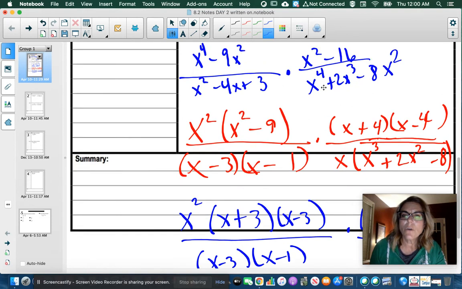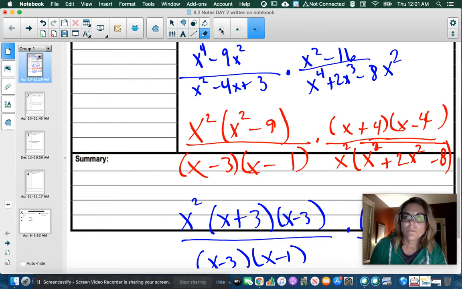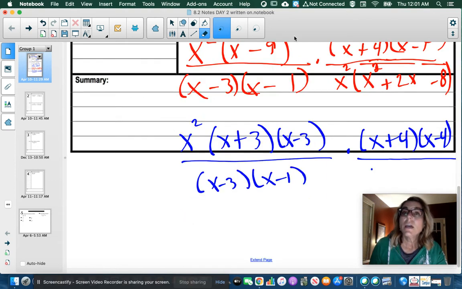Because if I take out a GCF out of here, it's an x squared. If I take out an x squared, then this is going to change to a 2. That is that. And there we go. That we needed to fix.